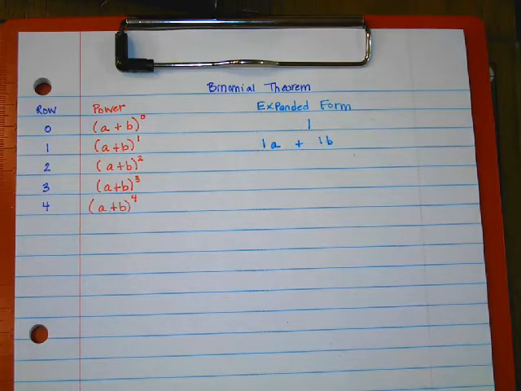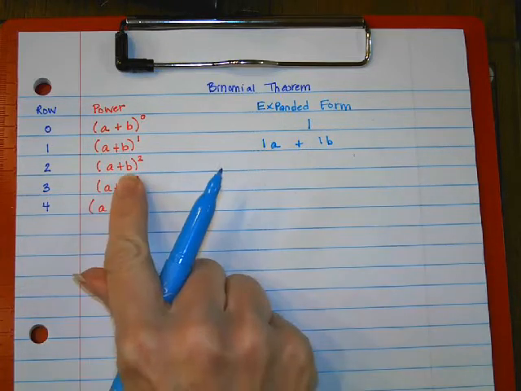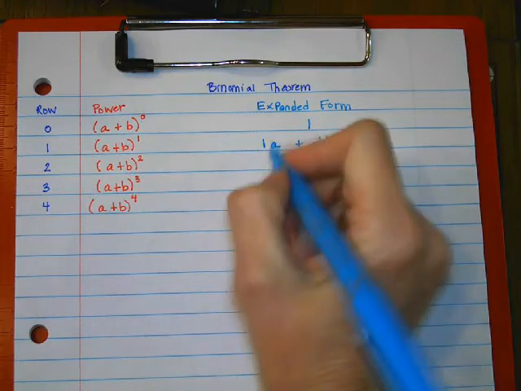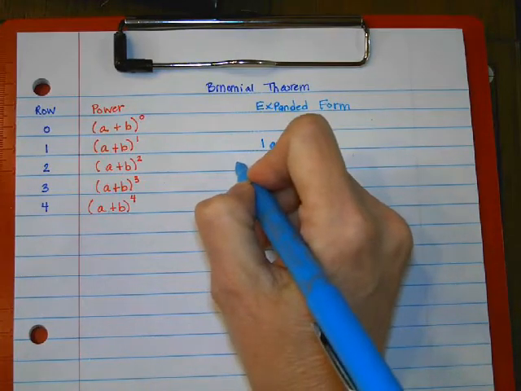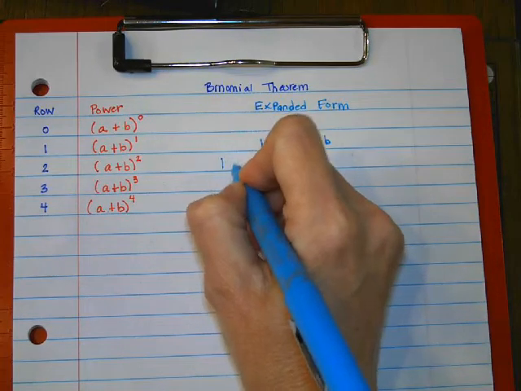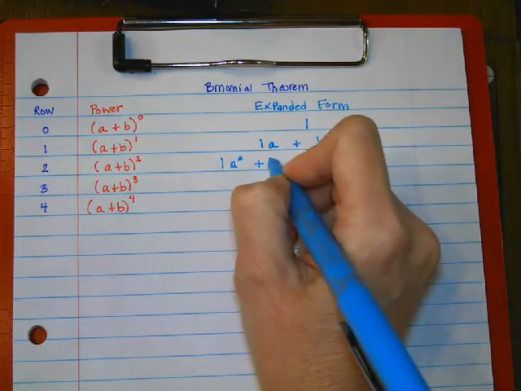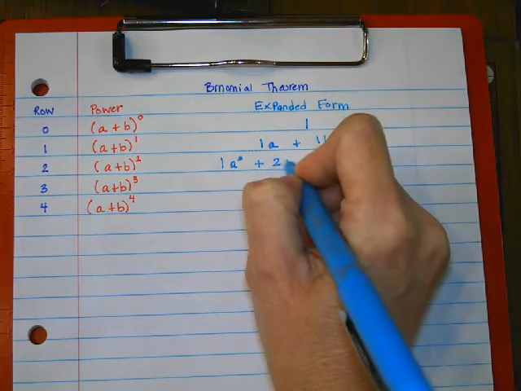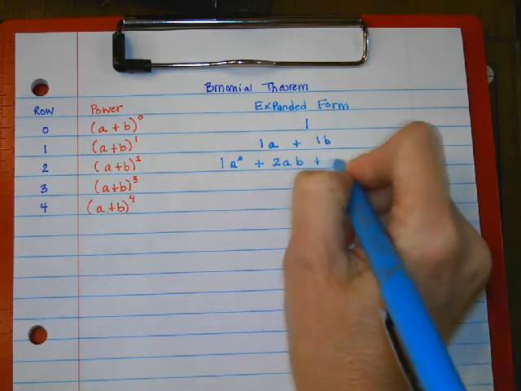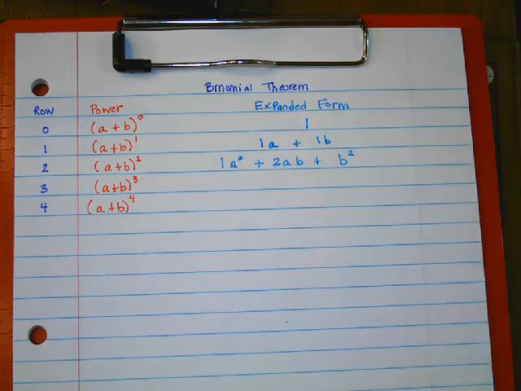To go to the second power, we're using those rules that we've learned before when we take a perfect square trinomial, and it comes back to here. We've got our 1 times a to the second plus 2 times a times b plus b to the second. Then we cube a power.